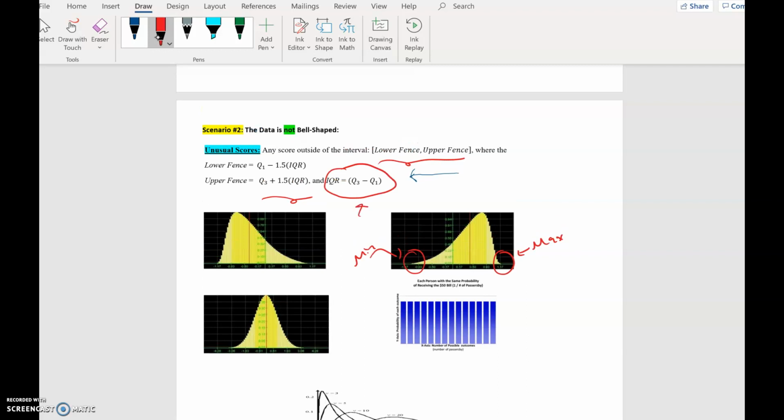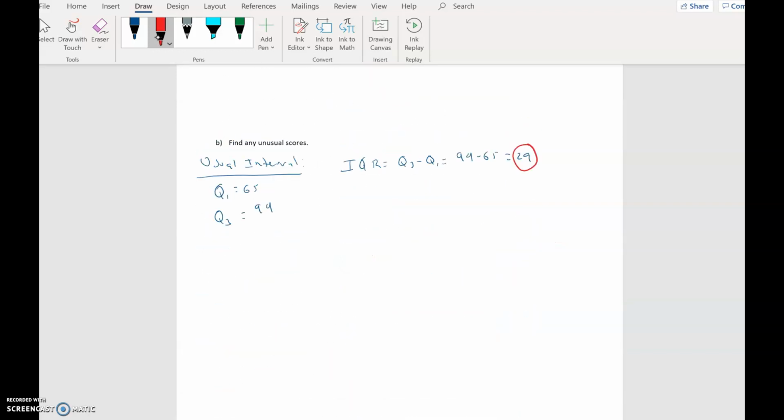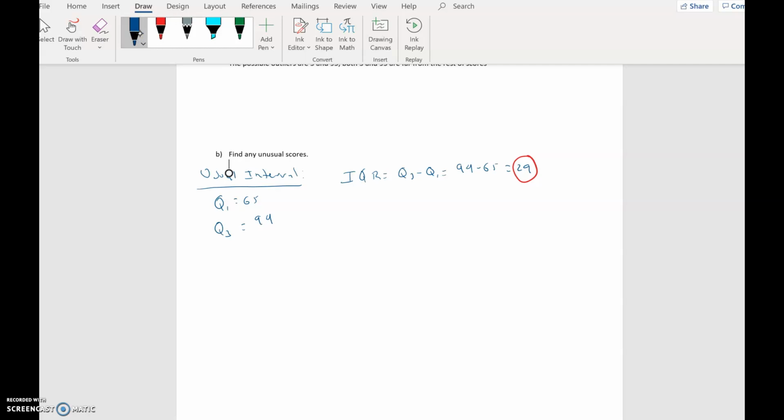Now we need to evaluate the lower and the upper fence. So for this one, the lower fence is equal to 65 minus 1.5 times the IQR. So it's equal to 65 minus 1.5 times 29.